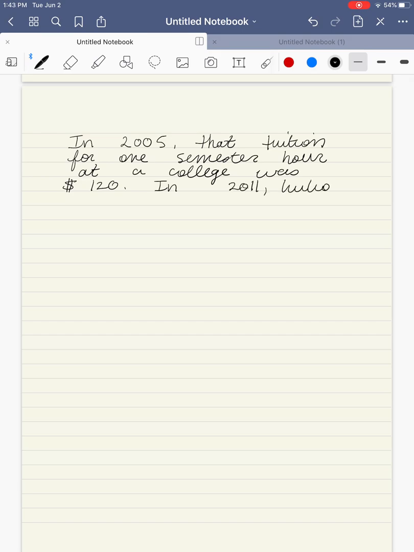In 2011, tuition for 1 semester at that same college was $135. And we want to find the rate of change. In other words, find the slope.